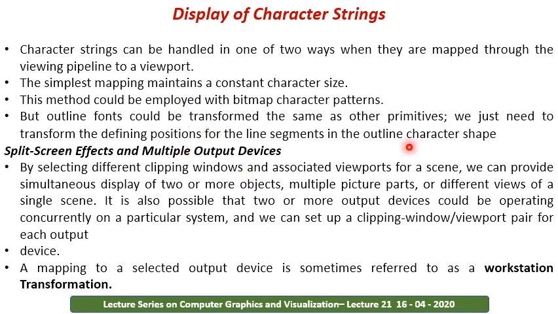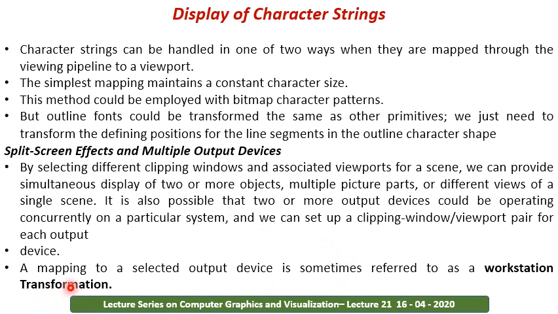The simplest mapping contains some constant character size, or whatever character patterns we may use, so different character patterns consisting of some fonts or some shape or size. Depending upon the outline character shape, that will be used to display any of the character strings also, which displays the characters onto the screen.